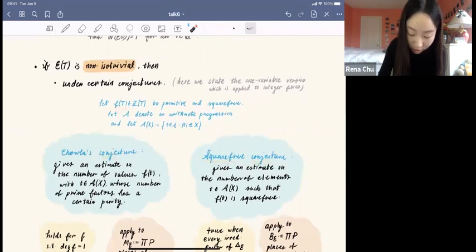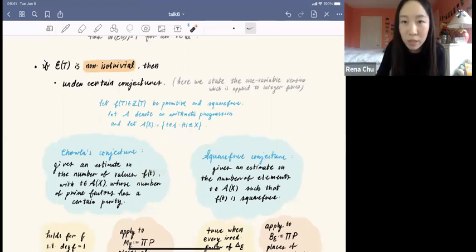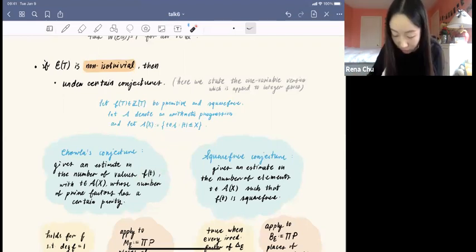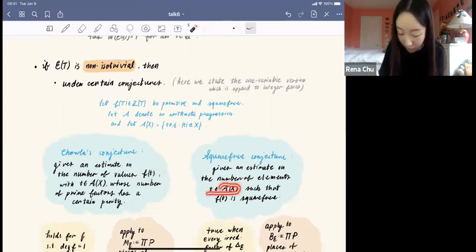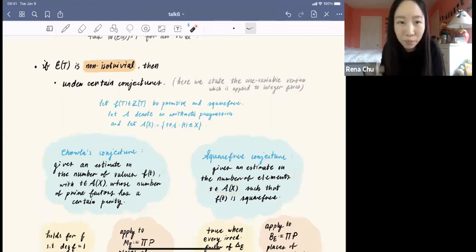Chowla's conjecture gives us an estimate on the number of values f(t) such that the number of prime factors has a certain parity, so this conjecture has to do with the Liouville function. The squarefree conjecture, on the other hand, gives an estimate on the number of elements t in A_T, which I define as a bounded arithmetic progression, such that f(t) is squarefree.